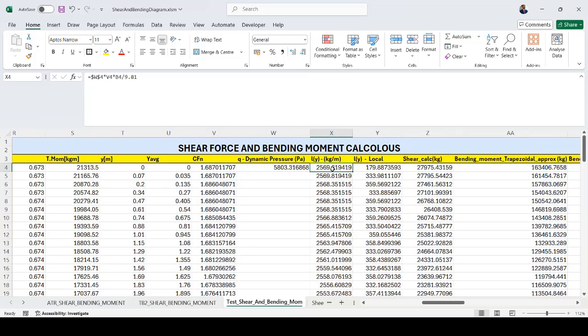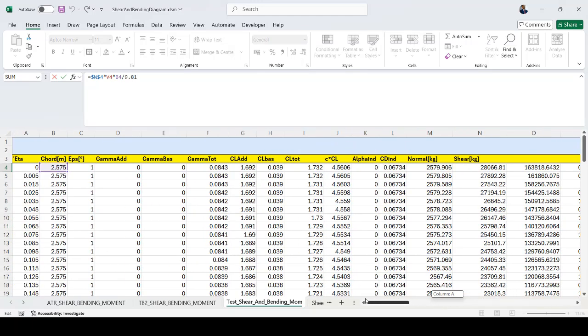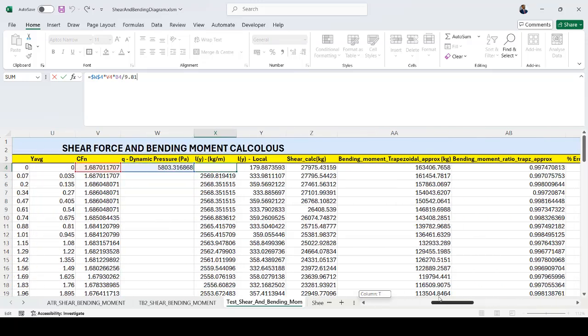So the span loading, calculated as said before in kilogram over meter, is the product of CFN times Q, the dynamic pressure, divided by 9.81 to switch to kilogram over meter square, times the local chord, that is 2.5775 meters.